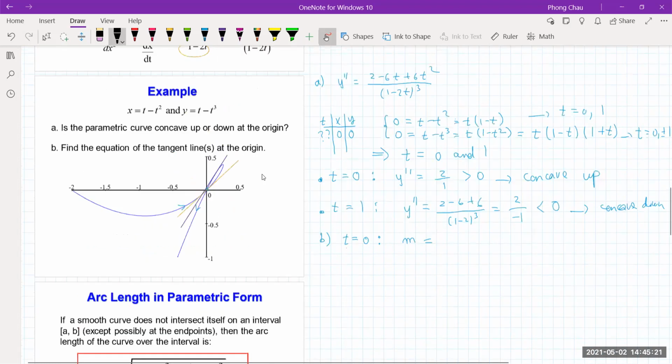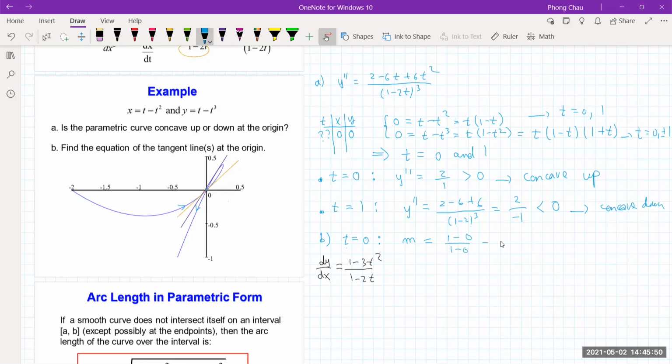Actually, you can redo it. It's pretty easy though. When you find the dy/dx, all you do is take the derivative of y, and 1 minus 3t squared over 1 minus 2t is the derivative of that. Okay, now when t equals 0, you plug 0 in. It's 1 minus 0 over 1 minus 0.